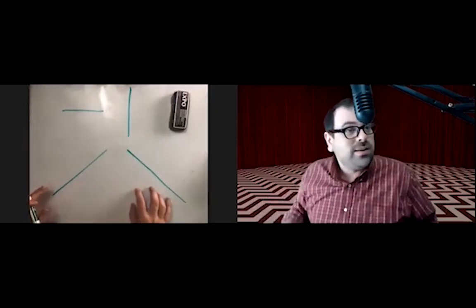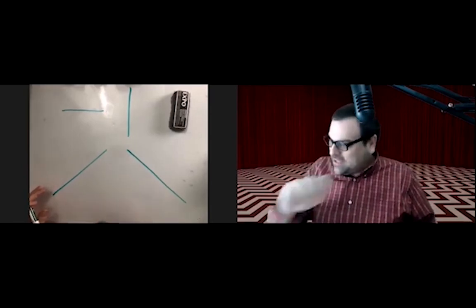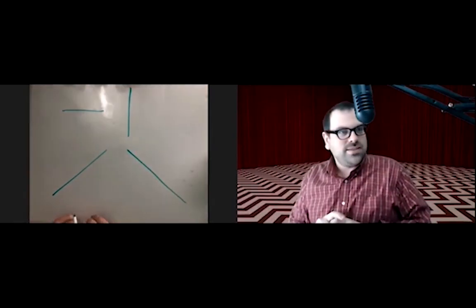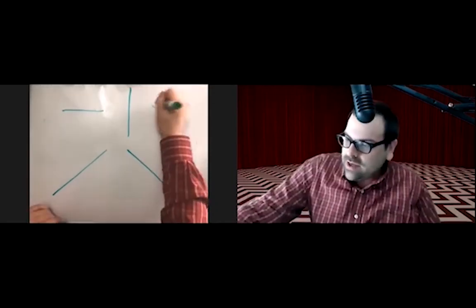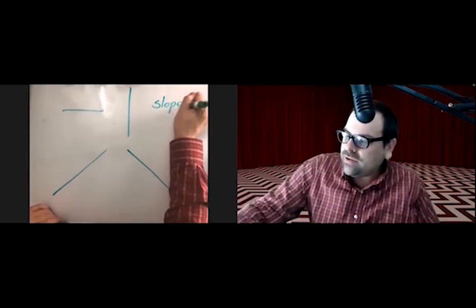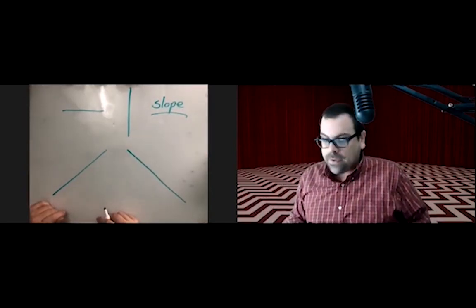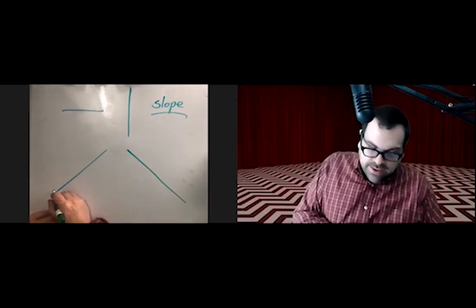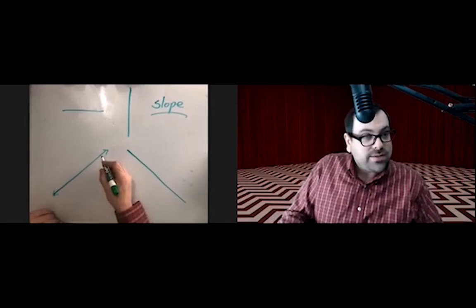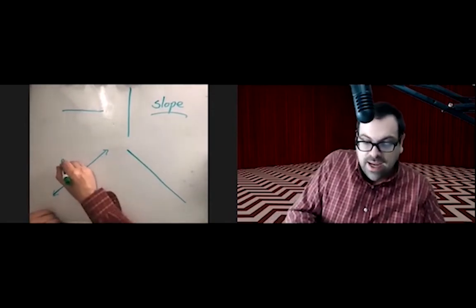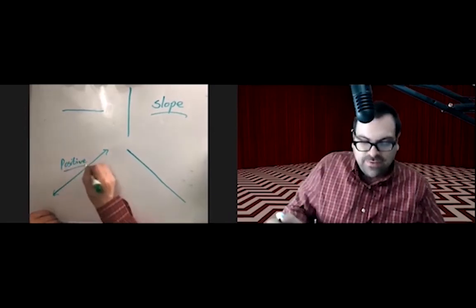It's important that we have these 4 different types of lines, and we describe each of these in terms of their slant, in terms of their slope. Something that rises from left to right, we say has a positive slope.